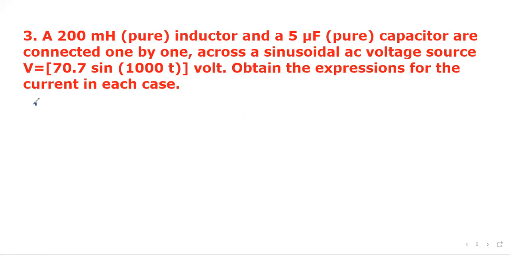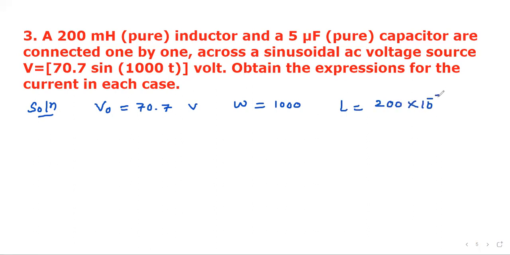So here we are given V0 equals 70.7 volt and omega is given as 1000 and L equal to 200 into 10 power minus 3 Henry and C equal to 5 into 10 to the power minus 6 farad.